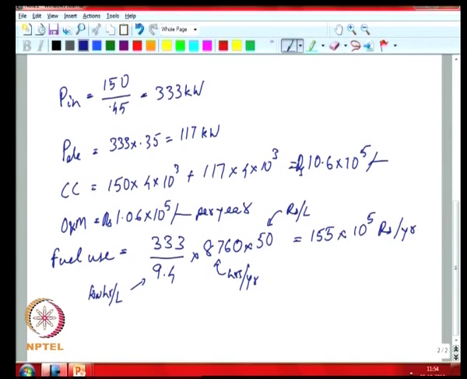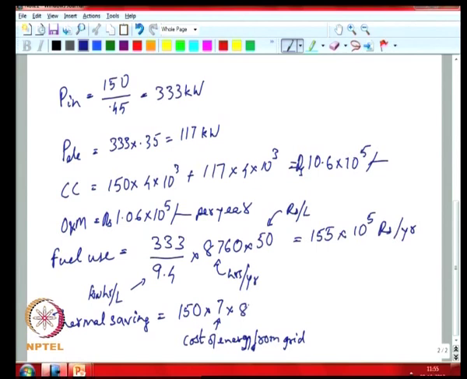You could also calculate your thermal saving. So, 150 kilowatt is the thermal output, and if it was being formerly heated at 7 rupees per kilowatt hour cost of power from the grid, into 8760, this is 92 into 10 to the power of 5 rupees per year.